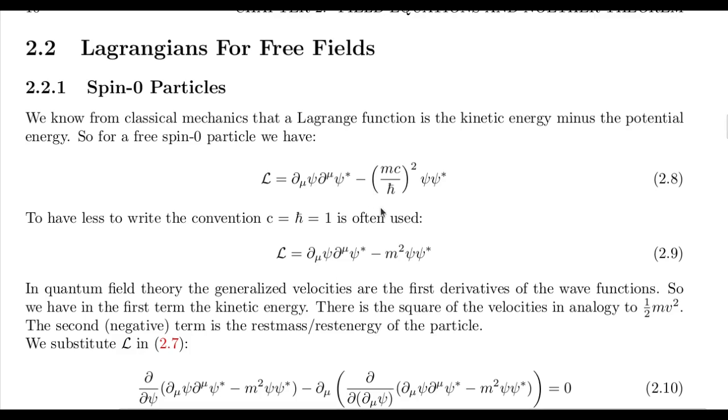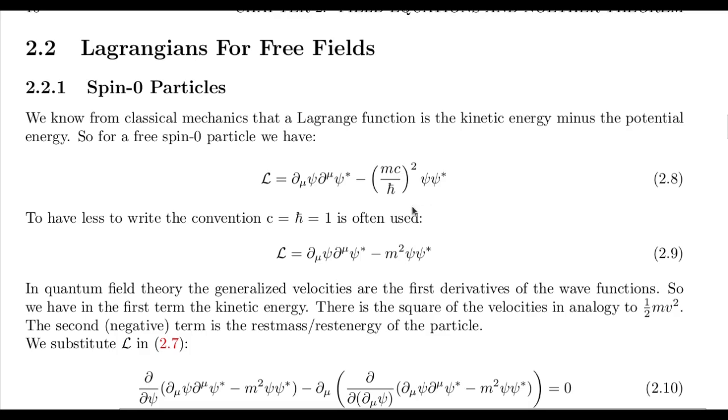And we have minus, okay, the potential energy, if we want to call that with that, that is the energy of the particle because of its mass. That means we have here mc divided by the Planck constant, and we have psi and psi star. That results from energy is equal mc squared. That should be clear from the relativistic quantum mechanics.